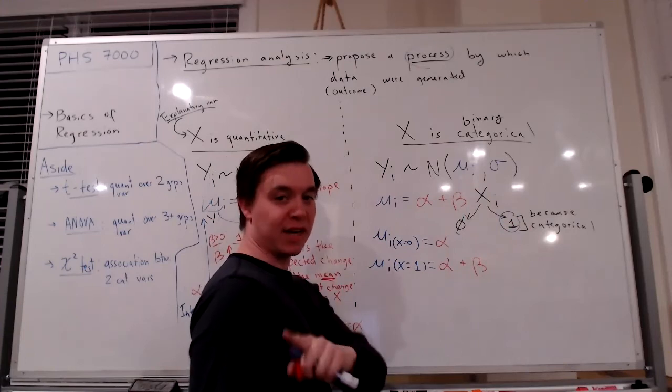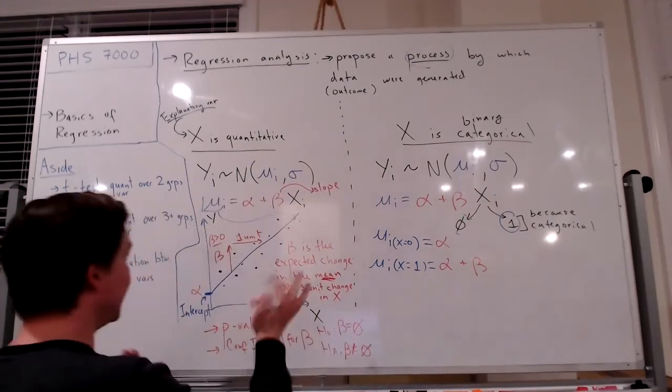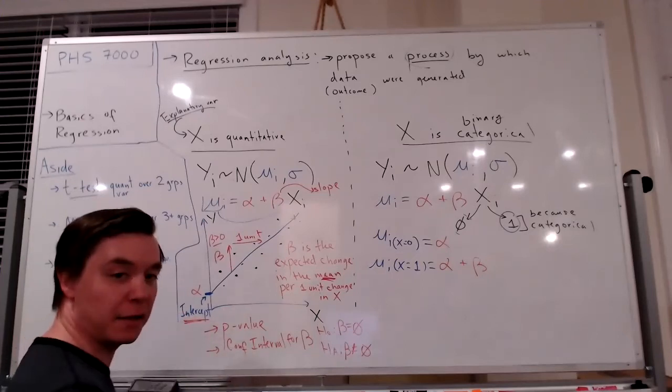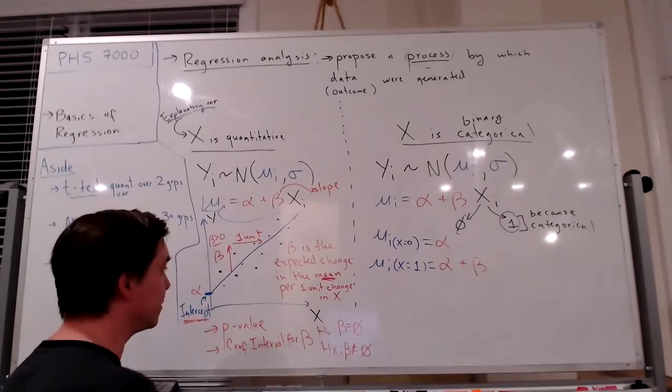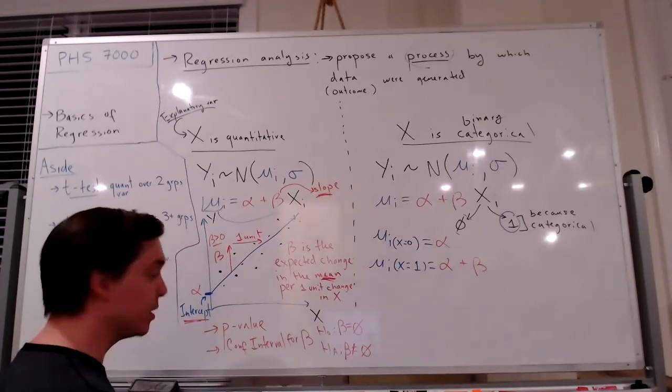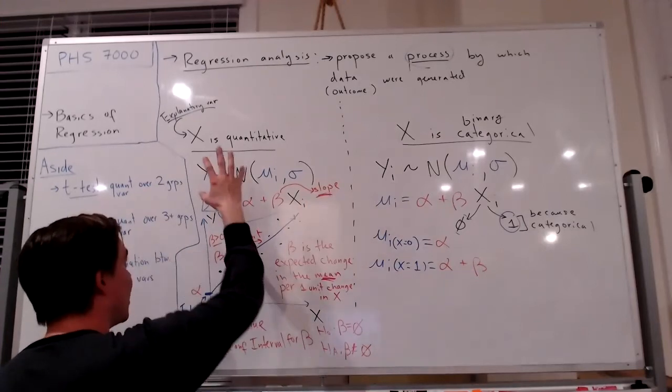So, what I'm leading to is it is no longer helpful to think of alpha and beta as an intercept and a slope. That language assumes that we have a quantitative variable.